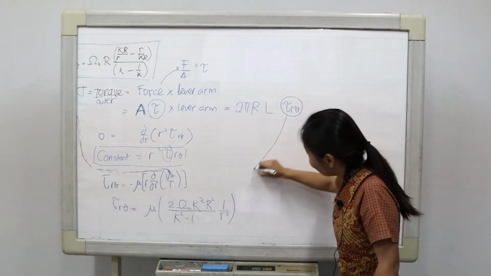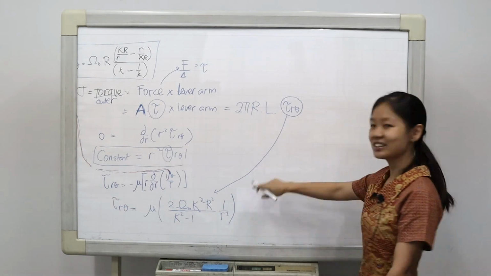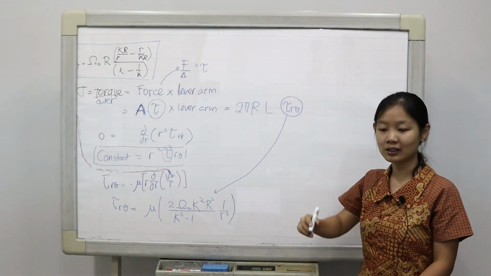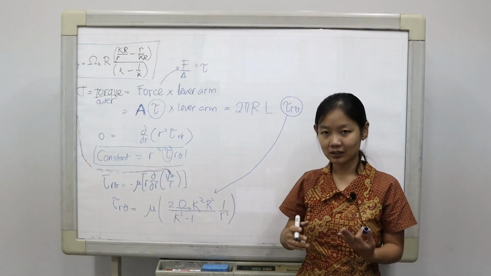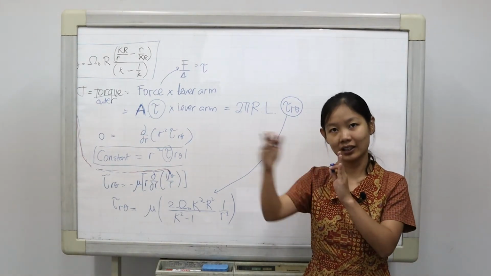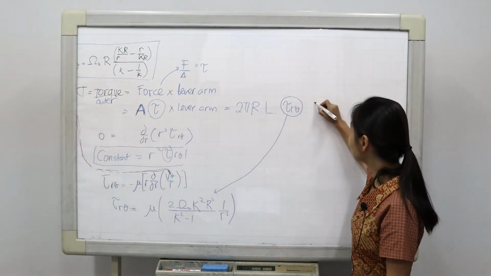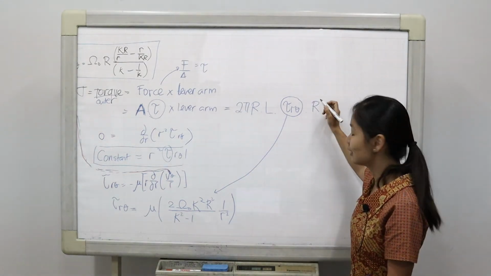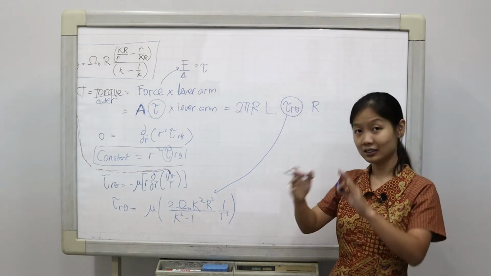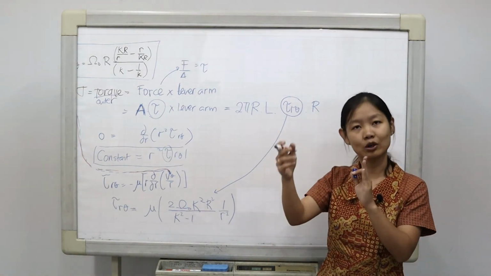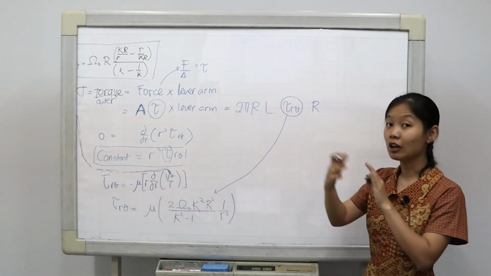Times this thing. Just put everything here, and times the lever arm. The lever arm is the distance between the center and the surface that we want to observe. In this case, the lever arm is R, because it's the outer cylinder.